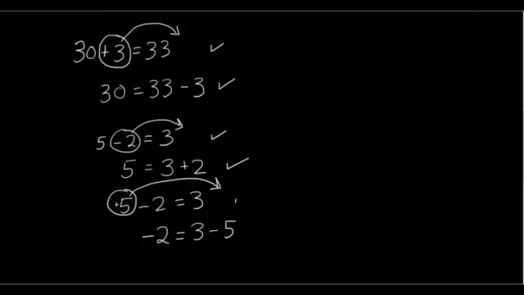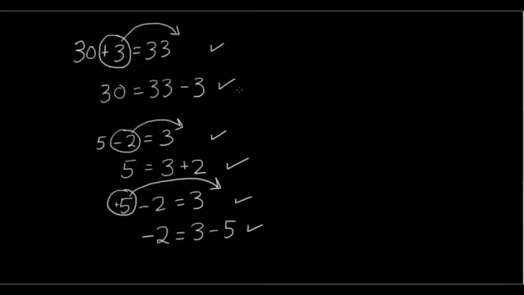Okay, and these equations are both valid. If you are uncomfortable with negative numbers, you probably need to do a tutorial on that as well. I'll probably make one like that soon.